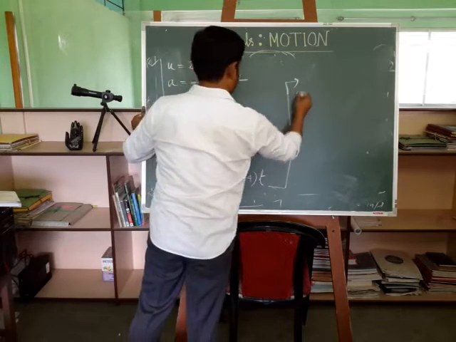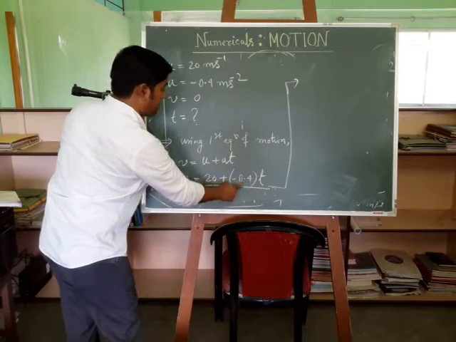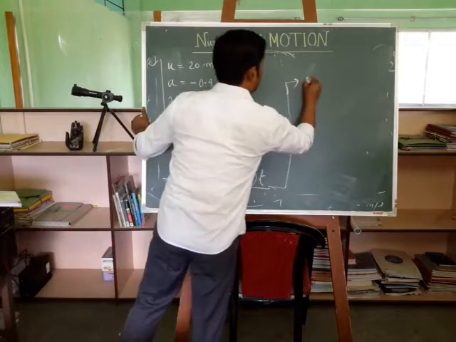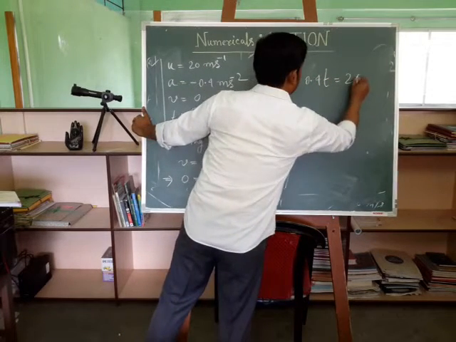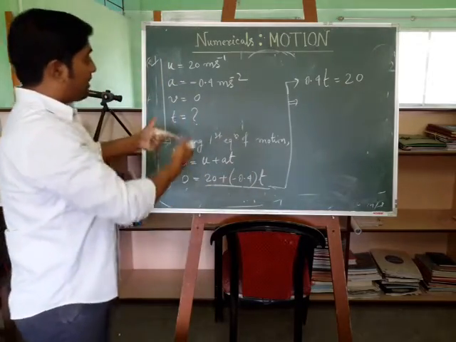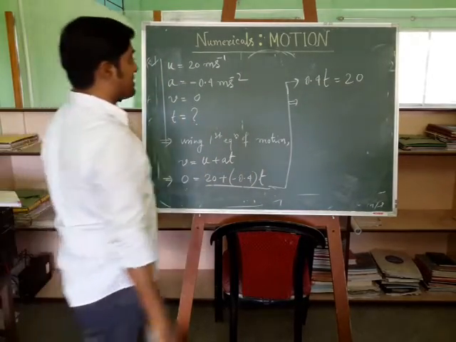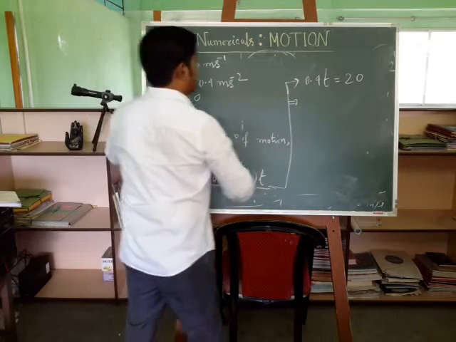So that means this equals 0. So 20 equals this. If I bring this here, this will be 0.4 t equals 20. We are not writing the units because units of all the quantities here are in SI unit. Time in second, acceleration in meter per second square.